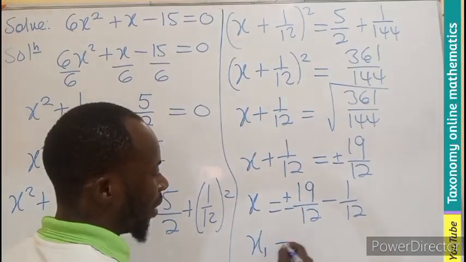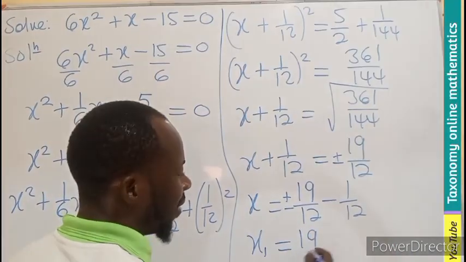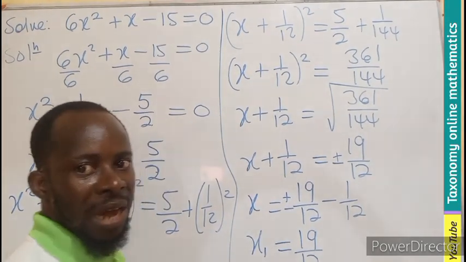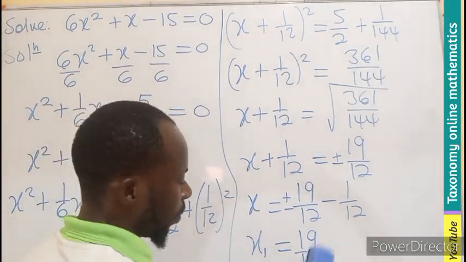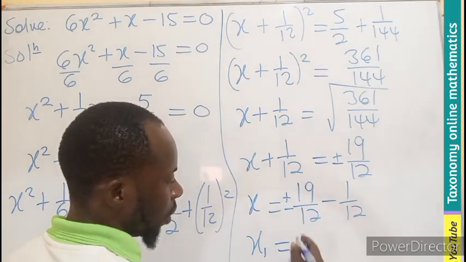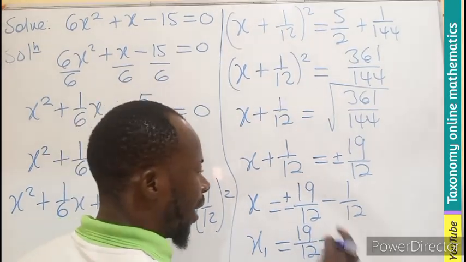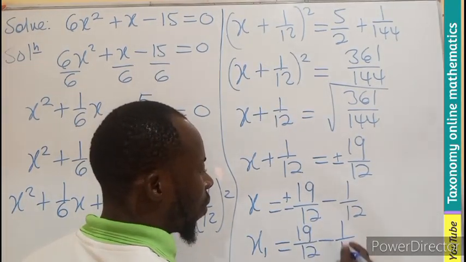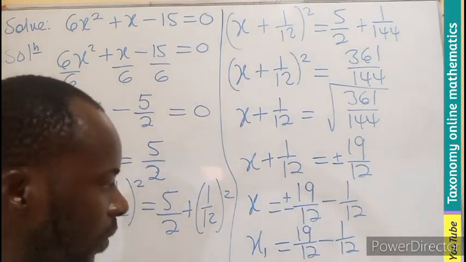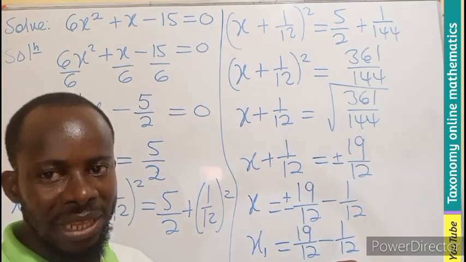So our x1 is going to be 19 divided by 12 as the first value, positive, then minus 1 over 12. You can see they have the same denominator.